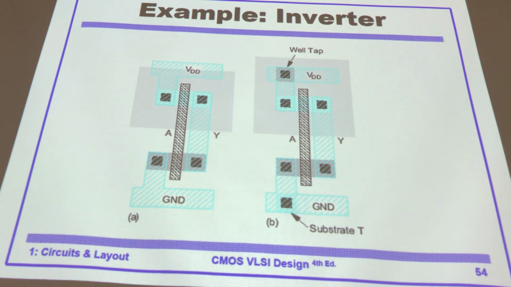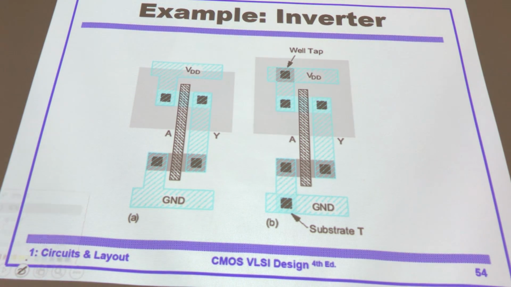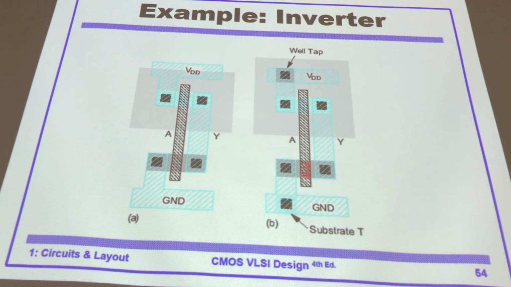So where is the channel in the MOS transistor? The channel is here, beneath the polysilicon, okay? The diffusion there.